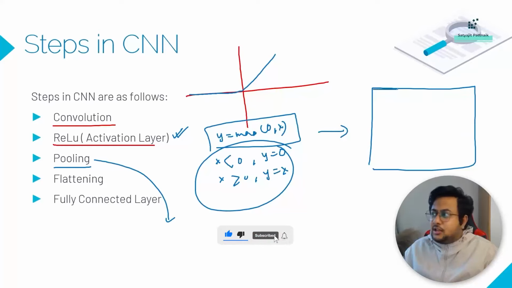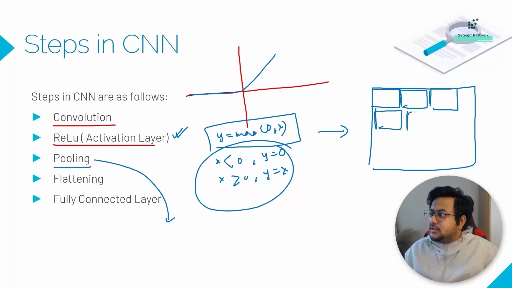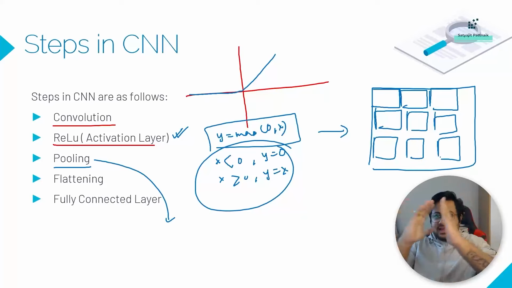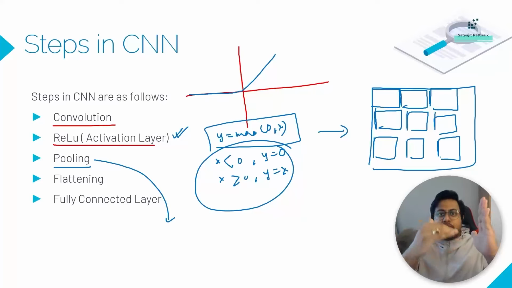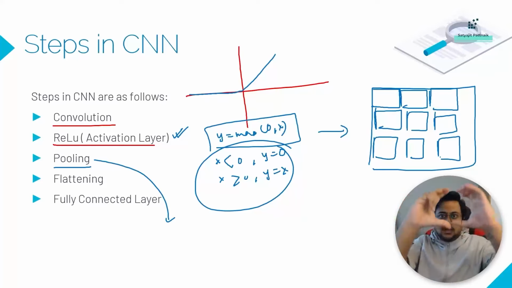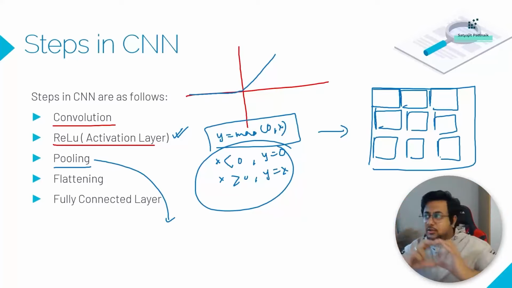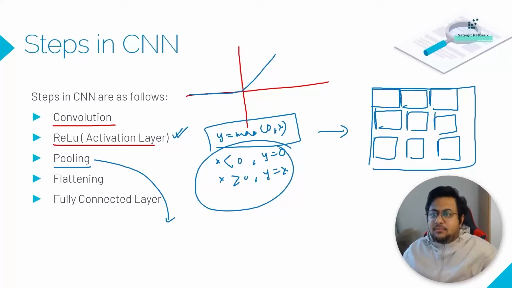Pooling will basically tell you most of the information is in this area, this area, this area, this area, this area, this area. So it basically takes the output of your convolution, you pass it to pooling, and pooling scans area by area and tells you, oh, this is where most of your information is. And pooling is also a dimensionality reduction technique.